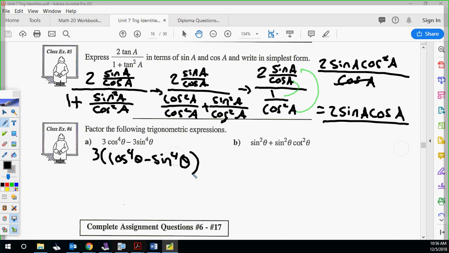Good idea. So, yeah, it's the difference of squares, right? So 3 cos squared theta plus sine squared theta. Oh, that's cool because you'll see why.